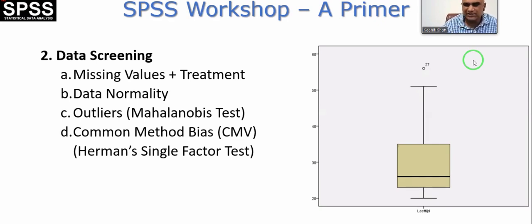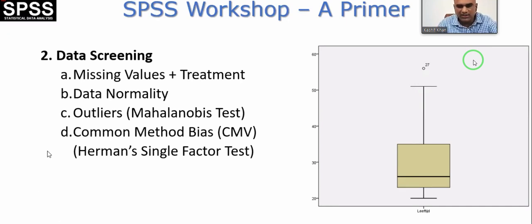The last step that I'm going to do in our data screening part is common method bias. I have taken these types of data screening specifically for our PhD and master's students, because I know mostly this type of data screening they are most concerned about, even though other types of data screening can be done, but I believe this is the most common one.